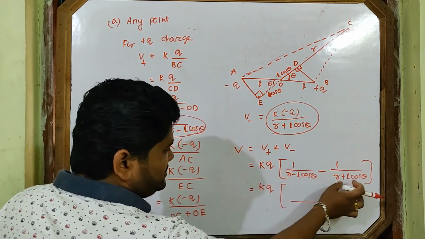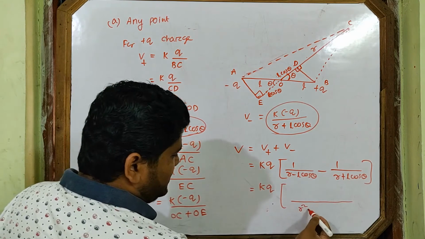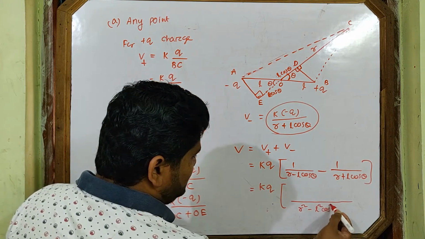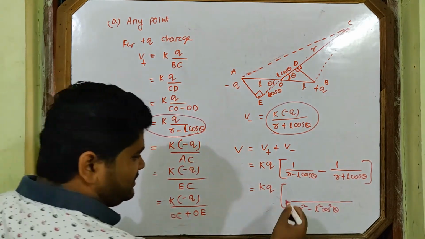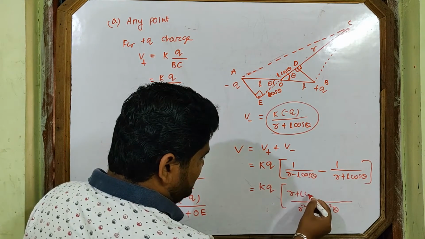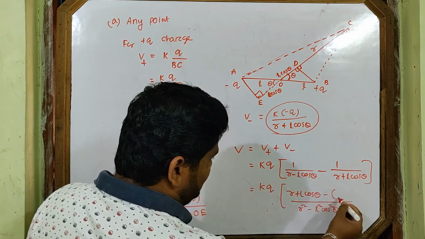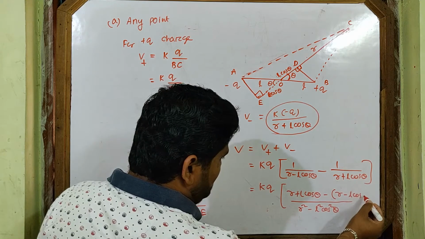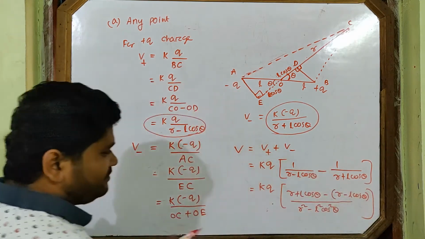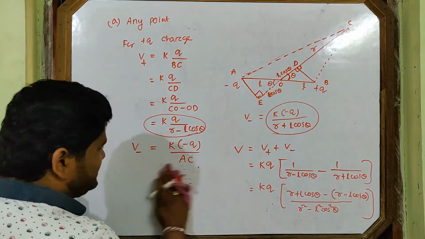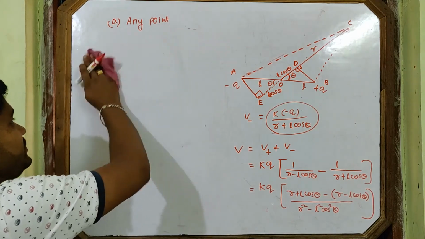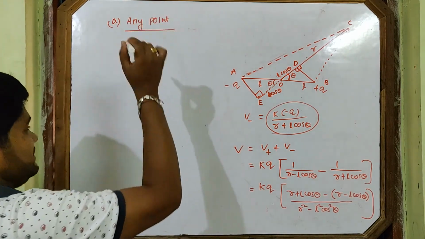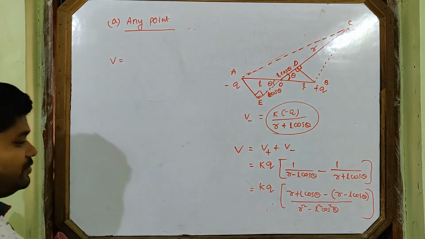A plus B whole into A minus B: R squared minus L squared cos squared theta. Then this is R plus L cos theta minus R minus L cos theta. Okay, I just took the LCM there. I am doing mathematics; you are all experts in mathematics, it's not difficult for you.